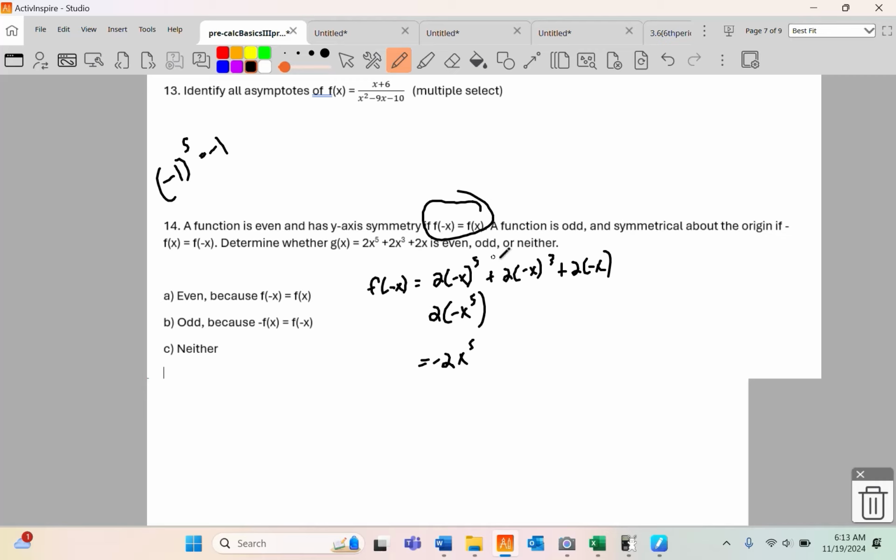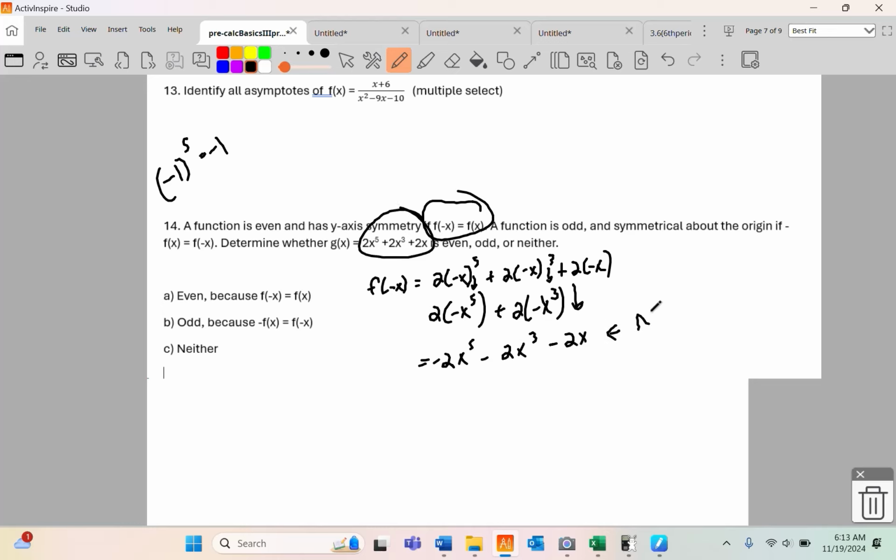And the same thing with a cube. If I cube a negative, I'm still negative. So I have 2 times negative x cubed. Notice what I'm doing with the cubes and the fifths, which becomes minus 2x cubed. And then this guy becomes minus 2x.